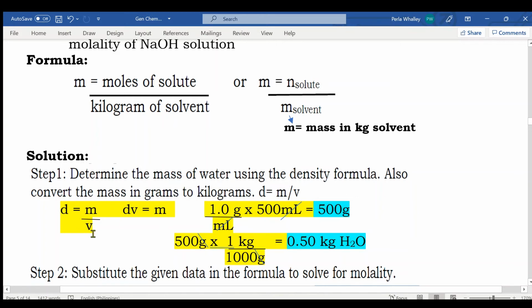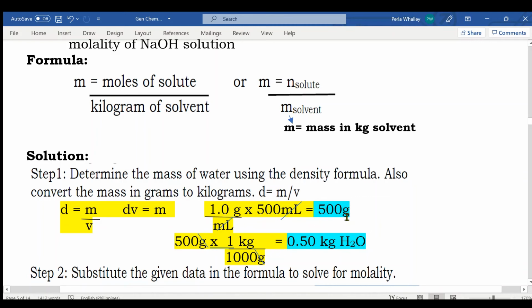D times V is equal to M, or M is equal to D times V. Okay, so density is equal to 1.0 gram per ml times the volume, which is 500 ml. ml and ml is cancelled. So 1.0 times 500 is equal to 500 grams.